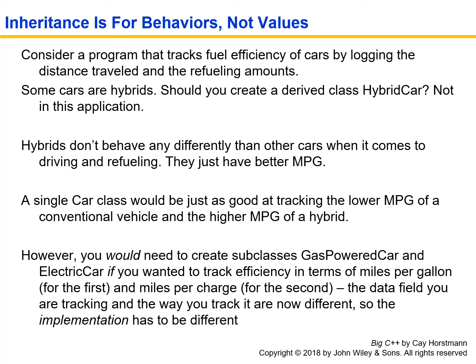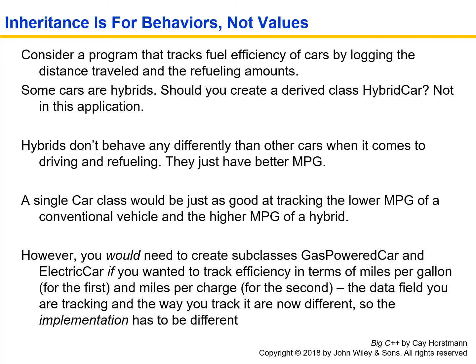Now, however, where you would need to create subclasses is if one of your cars is a Toyota and the other one is a Tesla. Okay, you would need a gas-powered car subclass and an electric car subclass, because a gas-powered car keeps track of how many gallons you put in the tank and determines miles per gallon from that.